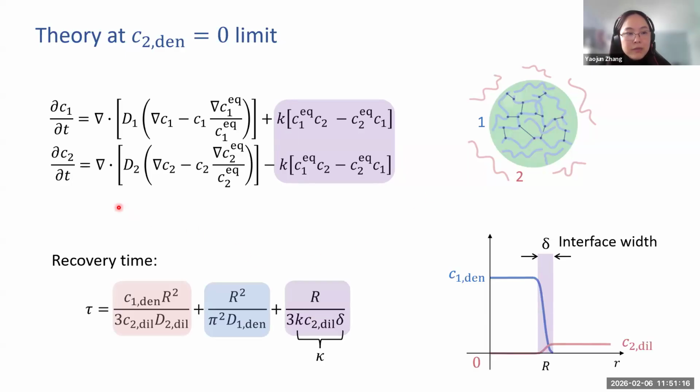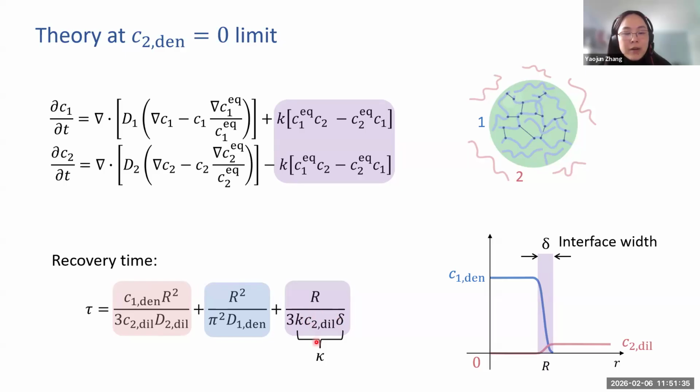We can work out the math, and it turns out that the recovery time has 3 contributions: diffusion in the dilute phase, diffusion in the dense phase, and diffusion at the interface. This is exactly the result we had before in theory version 2.